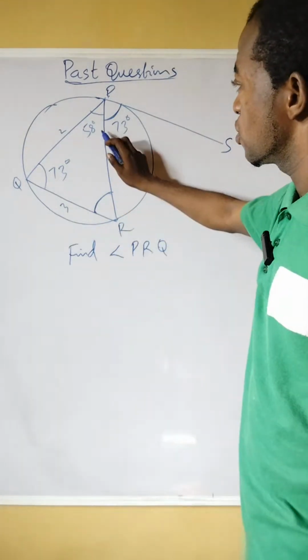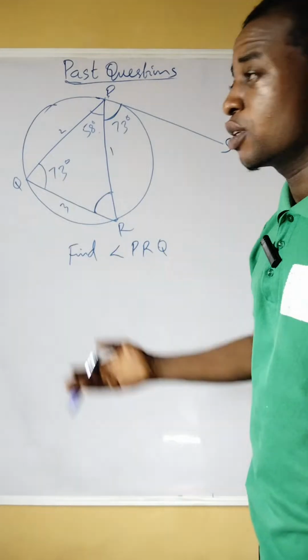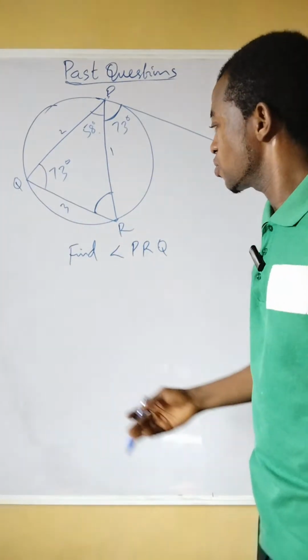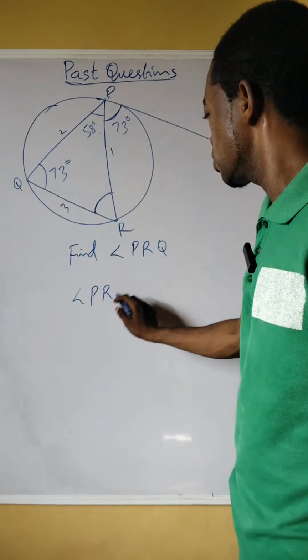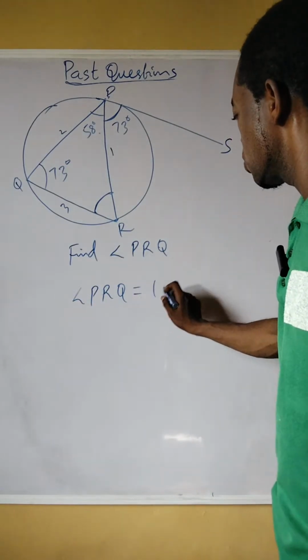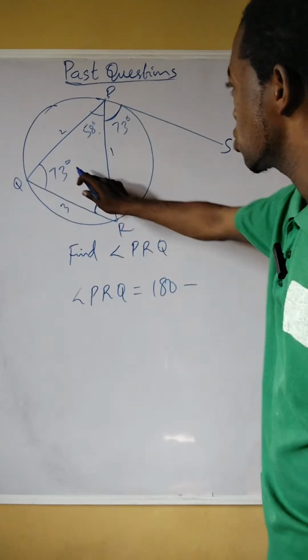How? You have a triangle. The sum of angles in a triangle adds up to what? 180 degrees. So we can say that angle PRQ we are finding will be equal to 180 degrees minus the sum of these angles.